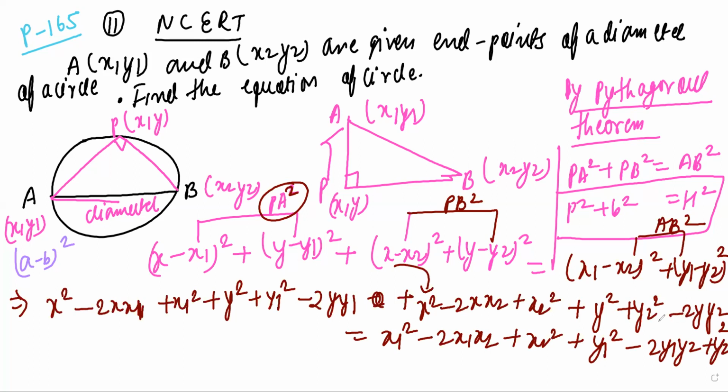Yes, sir. Okay. If any quantity is getting cancelled, please cancel it. So let's see by another color. So this x1 square is cancelled with this one, and this x2 square is cancelled with this one. y1 square is cancelled with this, and y2 square is cancelled with these y2 quantities.